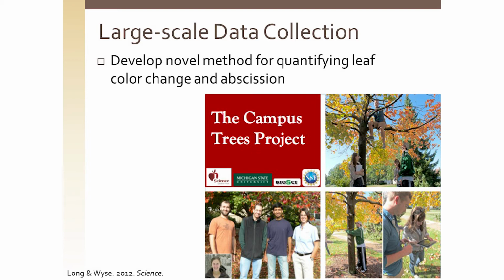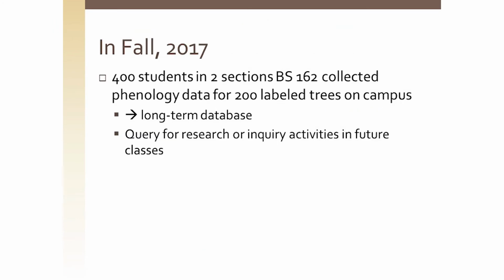So this past fall, we had 400 students across 2 sections that were every week going out and sampling a subset of 200 trees on campus and documenting phenologic events. And if you don't know what phenology is, it's the pattern of change that you get with seasonality. So color change and leaf fall. Students are quantifying this. They're documenting it photographically by taking pictures and uploading them into the database.